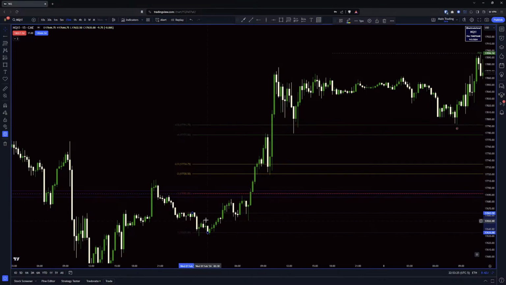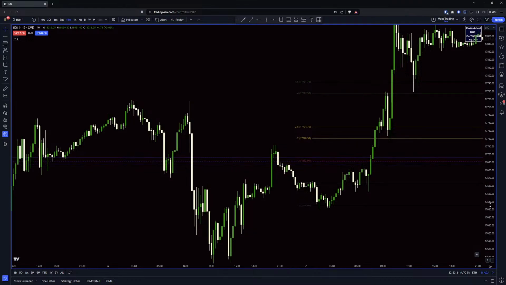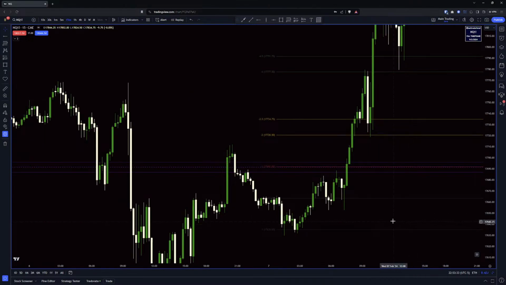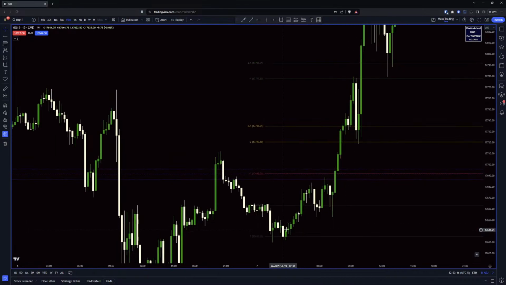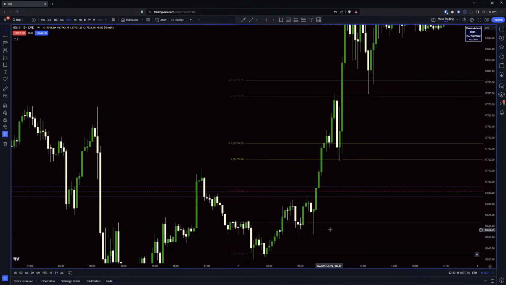Now, if we declare that this is the manipulation move, which isn't a bad idea, then we can say this is just, you know, a little accumulation before we take off. And we hit -4 here. So I guess that makes a lot more sense.